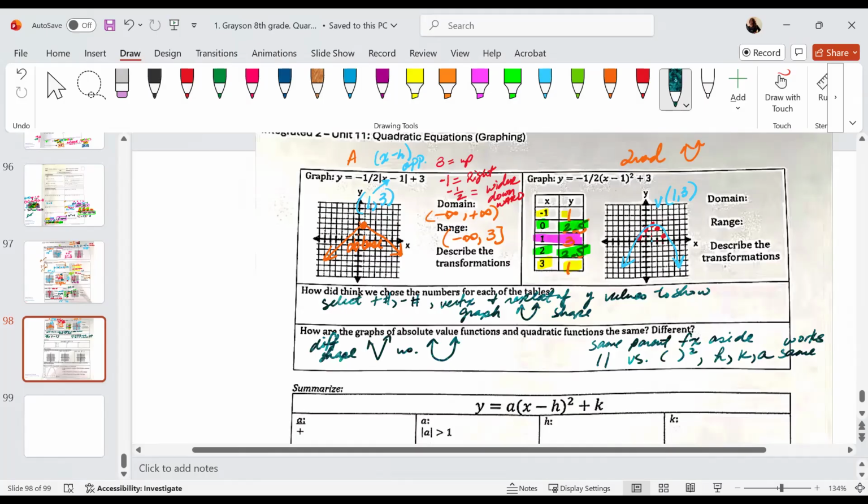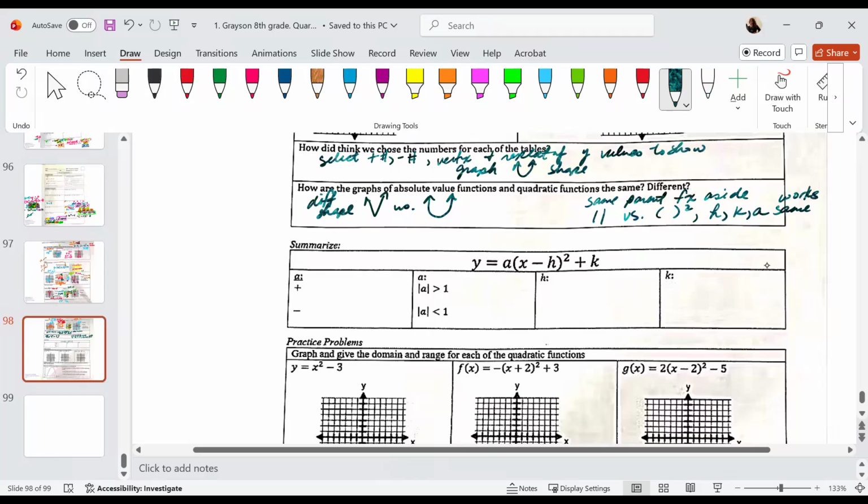So yeah, go on. Did you finish writing that down? All right, so summarizing, here we go. Positive a means it's this shape. What shape is that? Upward, right? You go ahead and fill in the blank.